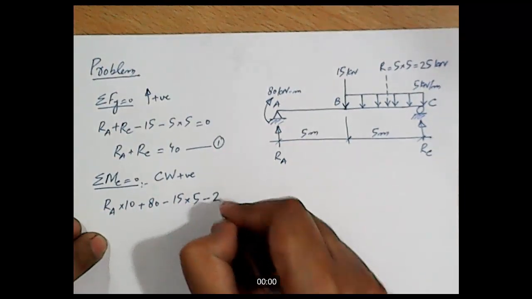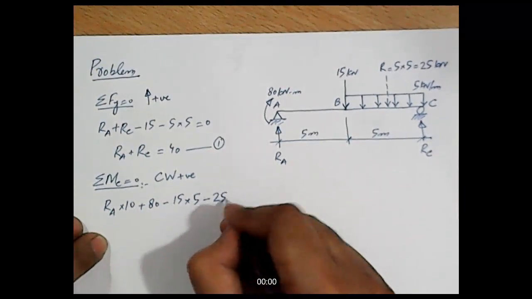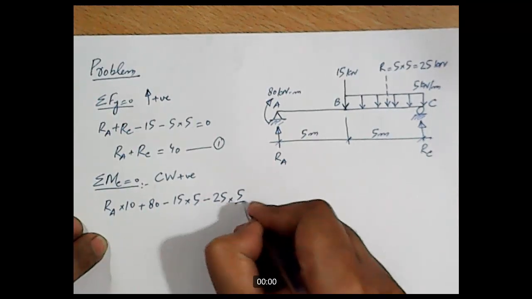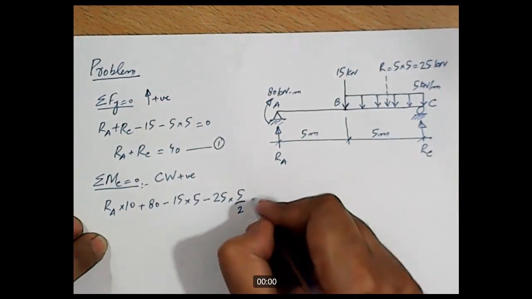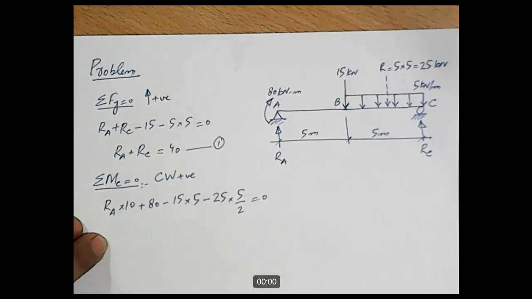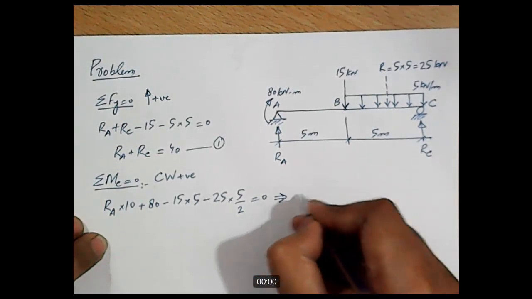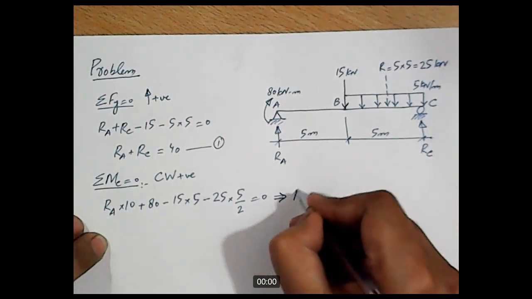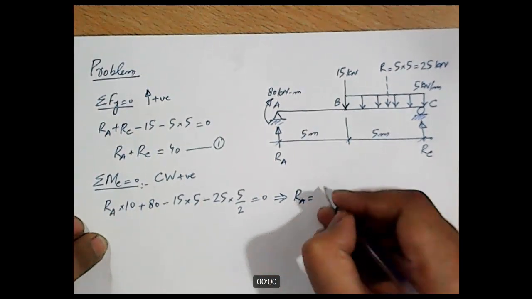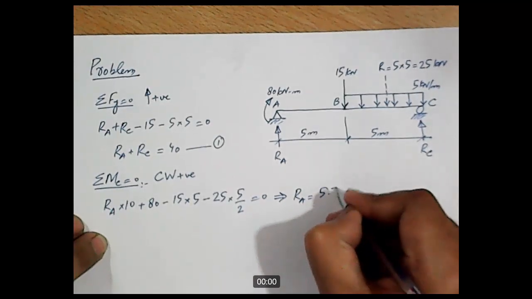So minus 25, and the perpendicular distance is 5 divided by 2, and that should be equal to 0. Now if we solve this equation, we will get RA equal to 5.75 kilonewton.